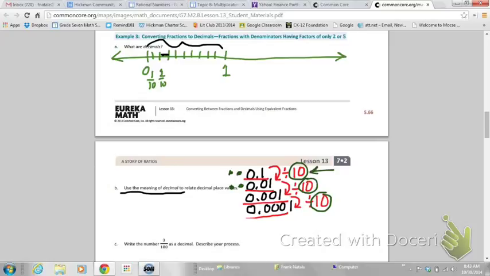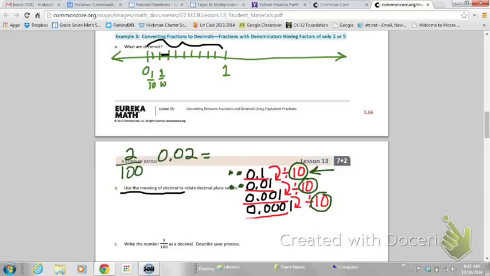Now, what you're going to find out in the coming problems is that it's really easy to convert decimals that already have a denominator that is a multiple of 10, such as 2/100ths. Or 2/200ths, very easy.